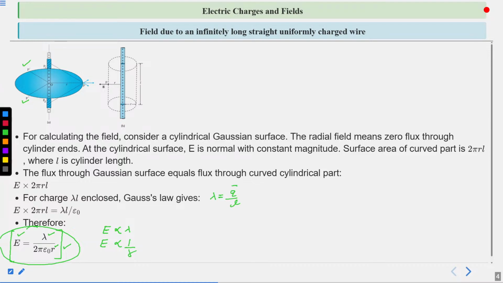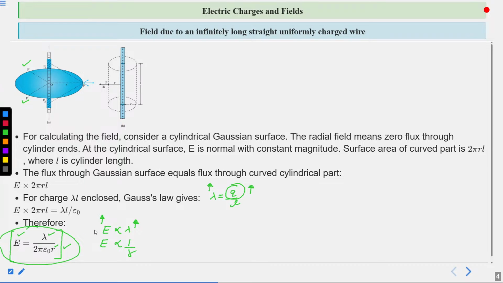If the amount of charge enclosed by this closed Gaussian surface increases, the value of lambda also increases. Yes or no? And if lambda increases, what will be the change in the electric field, or the change in E? E will also increase.